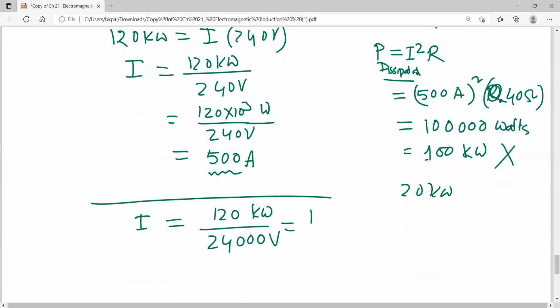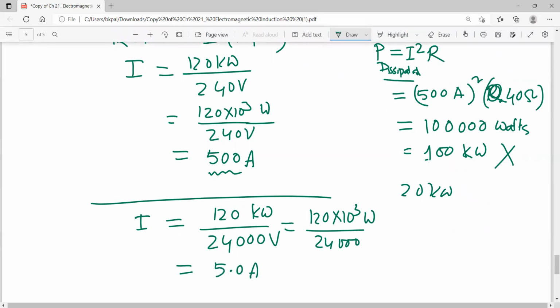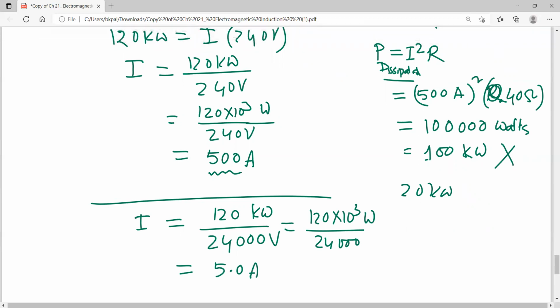The current here you will get is 5 amp. So you see that we reduced 500 amp to 5 amp. When the voltage is higher, the current should be lower in the transformer.